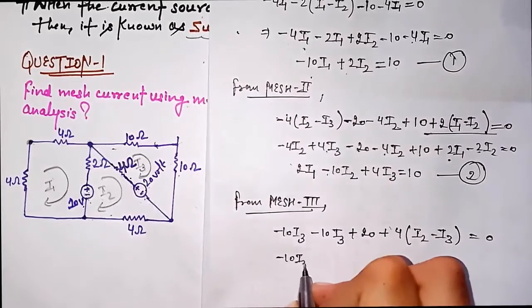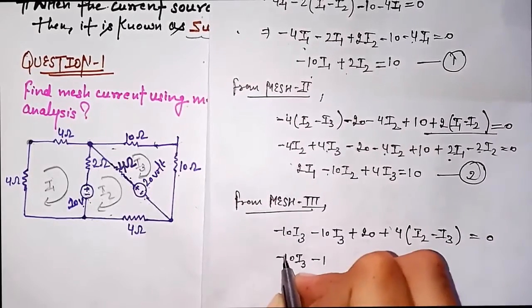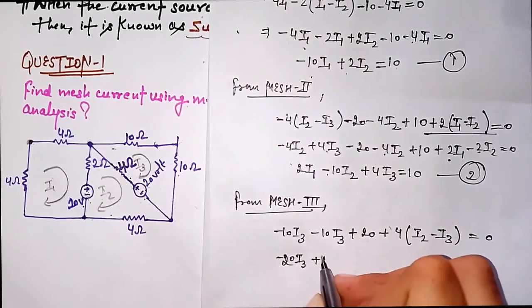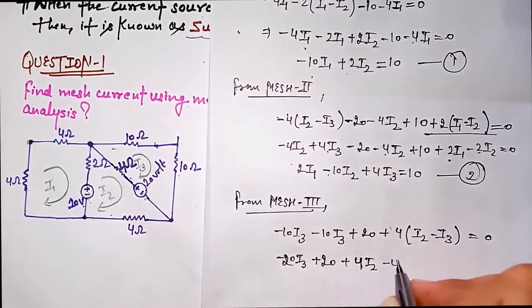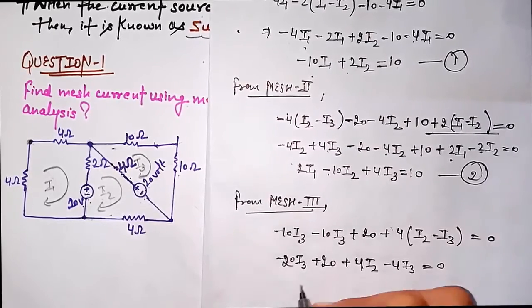Solve this. Minus 10I3 minus 20 plus 20 plus 4I2 minus 4I3 is equal to 0.